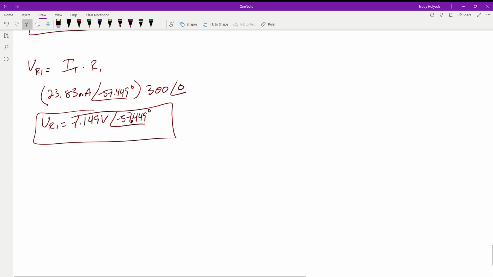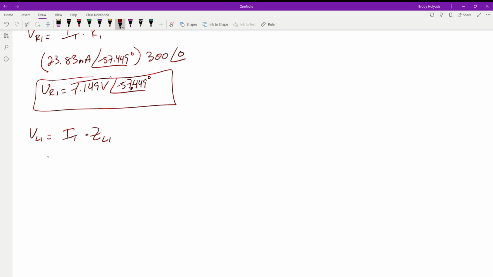And then we're going to look at the voltage drop across L1, equal to our current total times the impedance of L1. So 23.83 milliamps at an angle of negative 57.449, multiplied by 684.343 at an angle of 79.135 degrees, which is what we found earlier.